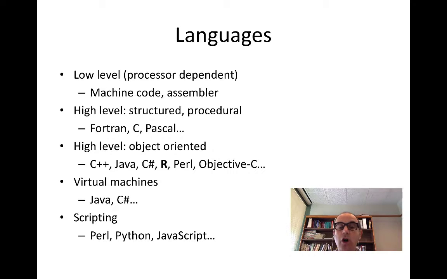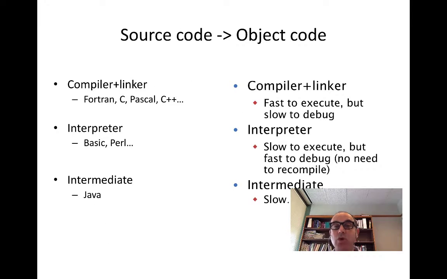And we also talk about virtual machines such as Java and scripting such as Perl, Python, and JavaScript. All of those things allowed us to generate data, generate visualization, and allowed us to apply that. So the compiler allowed us to have a linker that is fast to execute.